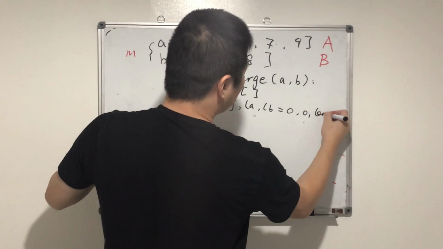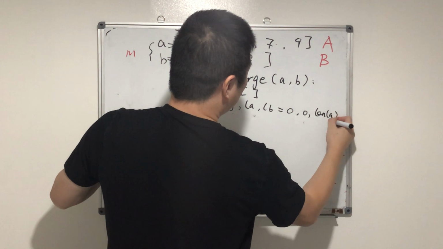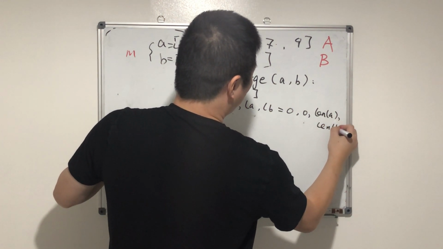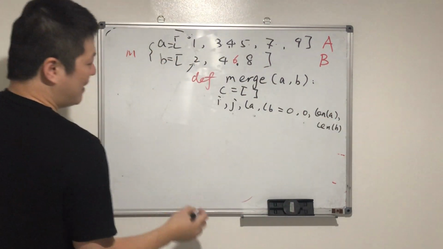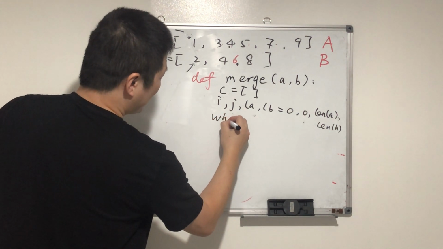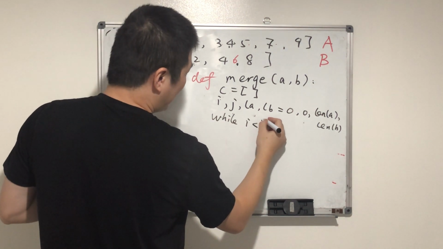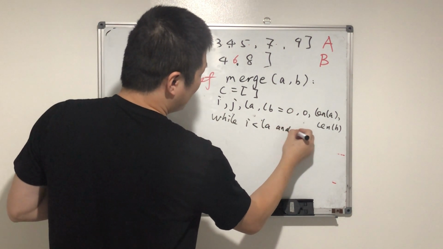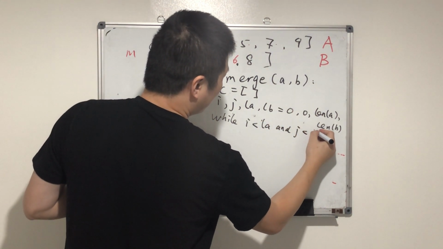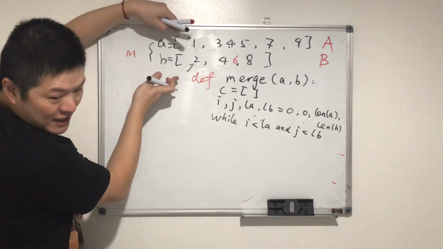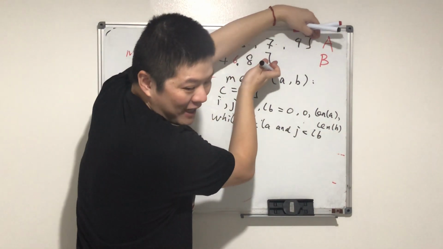LA is length A and LB is length B, so I want to get the size of both, yeah? And then what do I need to do? While I is smaller than LA and J is smaller than LB, so when these 2 pointers are not going to the end, right?